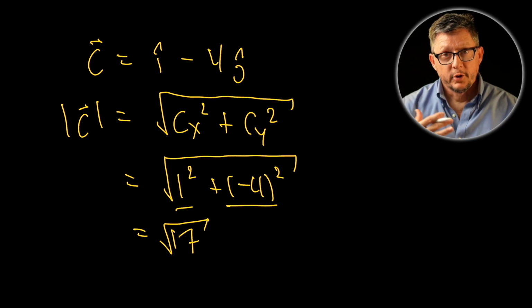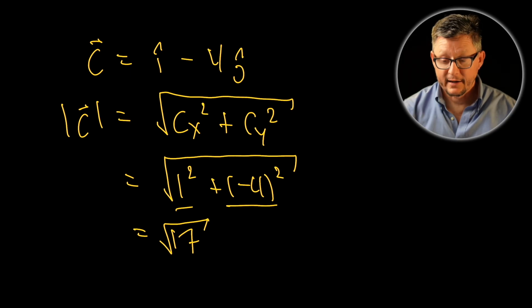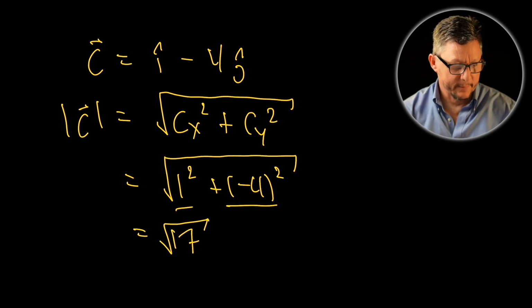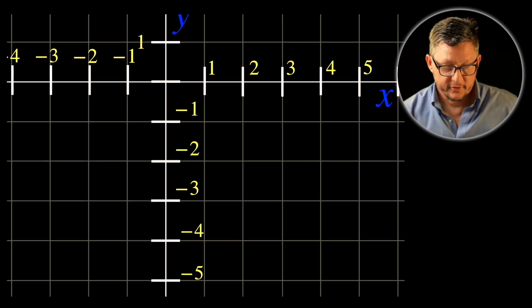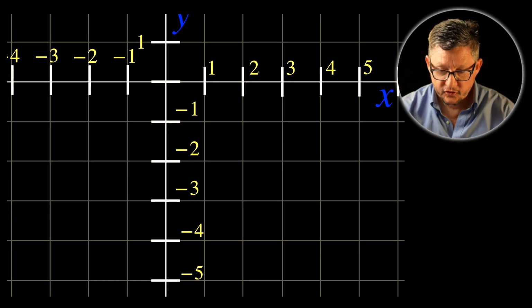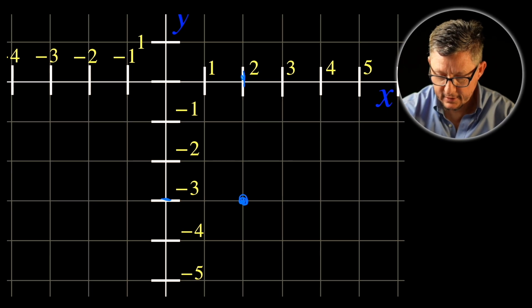And it extends 1 unit in the x direction and 4 down, or 4 along the negative y. So we can find its angle, for example, with respect to the positive x-axis if we'd like. Let's plot these things. All right, so here's a grid. Let's put A down, which is 2I. So it goes along 2I and then 3J. So it is here.